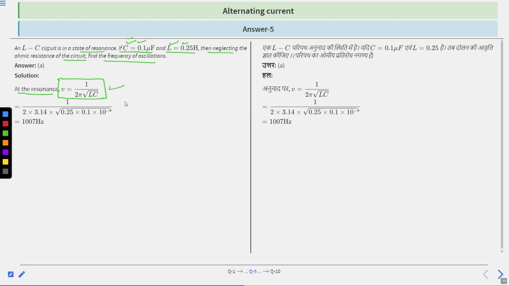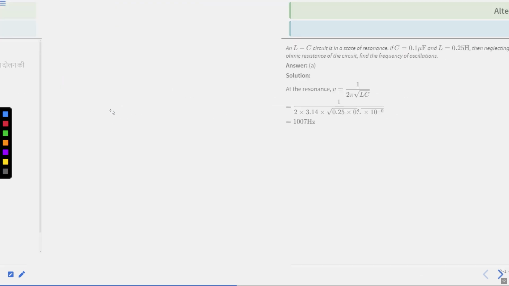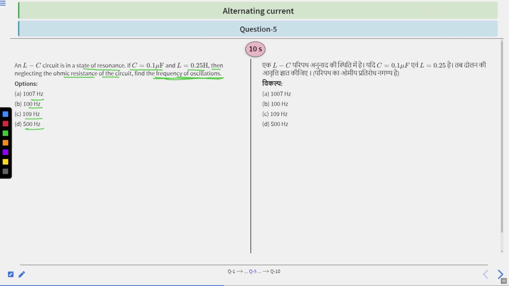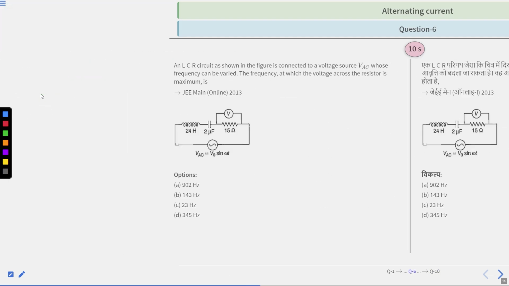So solving this, you will get 1007 hertz as the correct answer. 1007 hertz is the frequency of oscillation. So option A is correct. Next question.